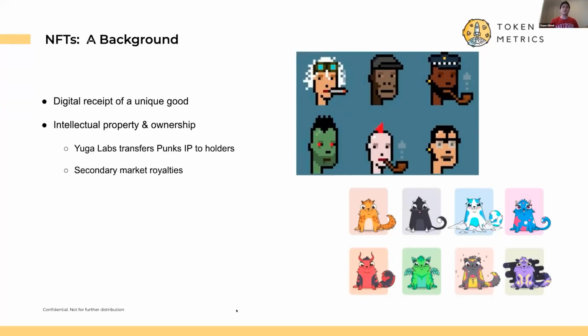What this means is a Bored Ape owner can shop around their NFT, their image of their ape, and they could put it in a YouTube ad, a TV commercial, a movie, and they receive the royalties for that, as opposed to the developer Yuga Labs receiving the royalty.